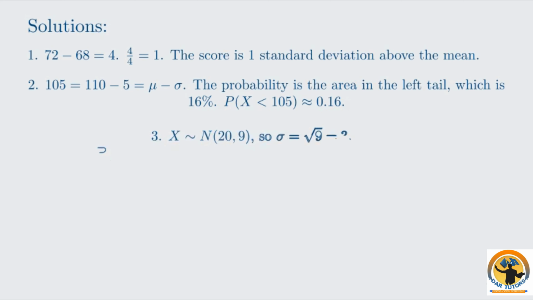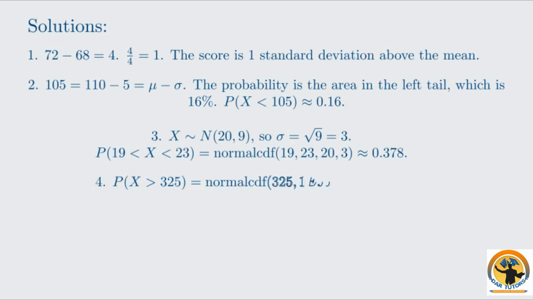For question 3, be careful. The variance is 9, so the standard deviation is its square root, which is 3. We use the calculator with a lower bound of 19, upper of 23, mean of 20, and standard deviation of 3. For question 4, X is distributed normally with mean 300 and variance 20 squared. We need the area greater than 325.